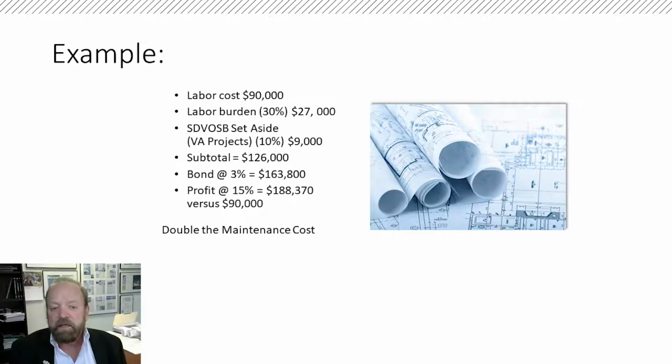So your $90,000 maintenance cost was ballooned to $188,000, which is double what it would have cost you if you had your own man do the maintenance. So think of this, if you could possibly move capital budget costs over into your operating budget, you could buy a $90,000 maintenance man to do the work that you need to have done.